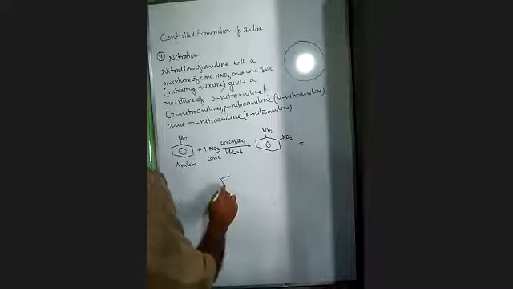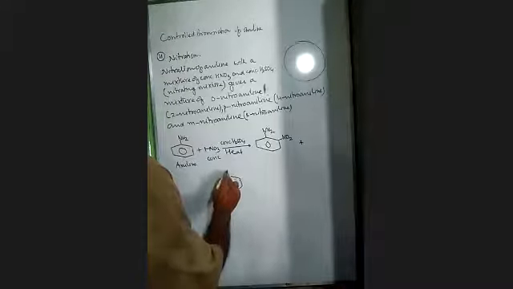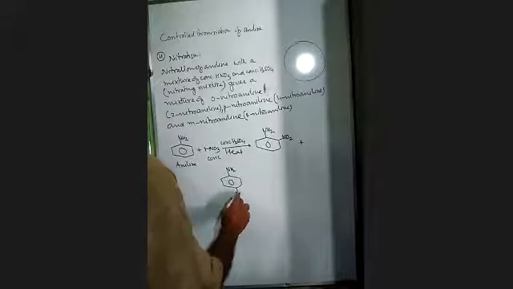Okay. Plus this, as per our theory, is supposed to give a mixture of ortho and para. Why? Because the amino group, an electron donating group, always directs the electrophiles to ortho and para.